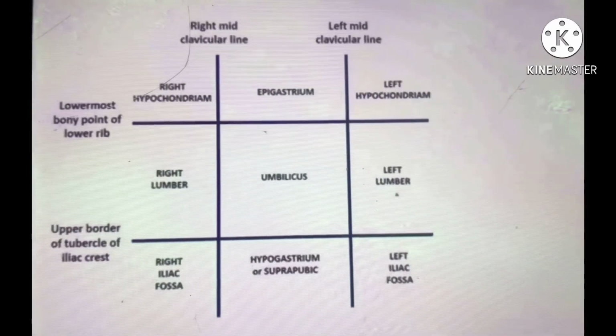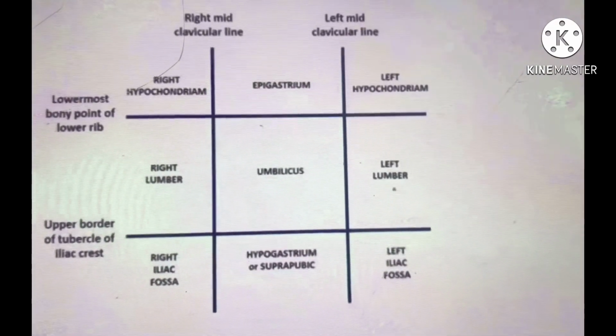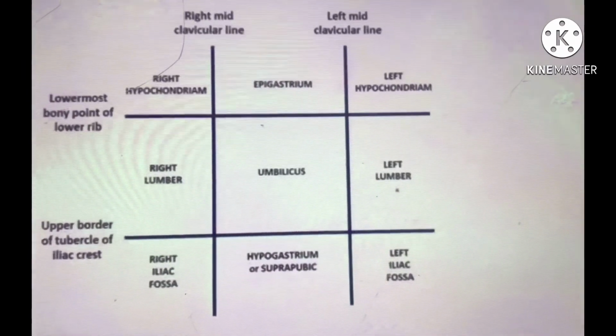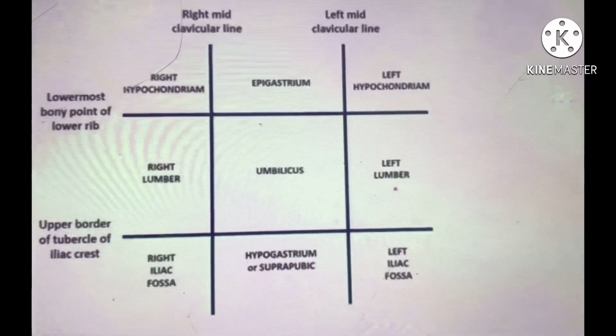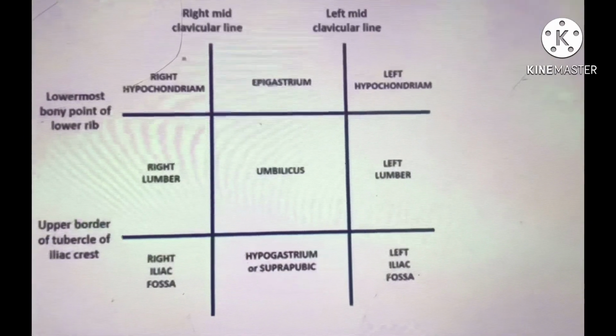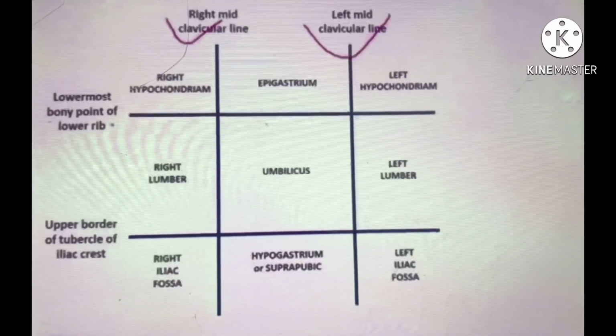Before we begin systemic examination, we are going to divide the front side of the abdominal wall into 9 different parts by 2 vertical lines and 2 horizontal lines. The 2 vertical lines we have to draw from the midpoint of the clavicular bone. So here is the right mid clavicular line and the left mid clavicular line.